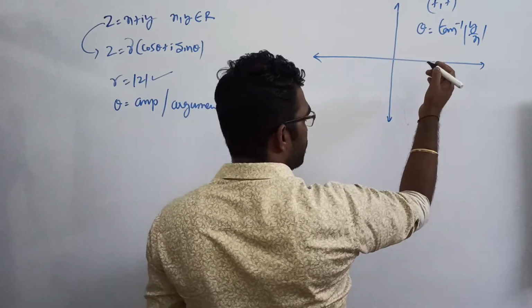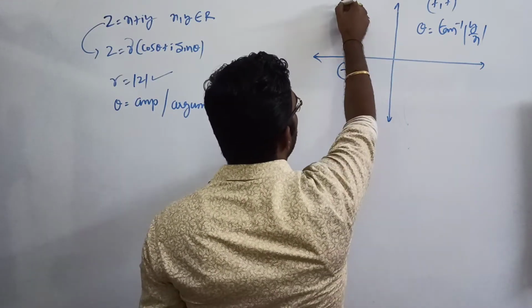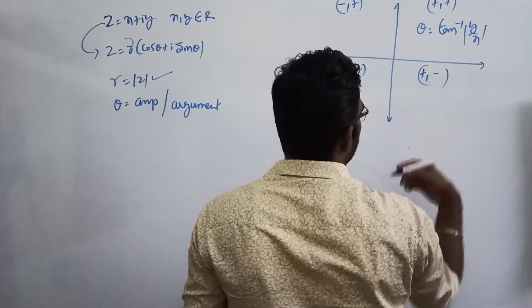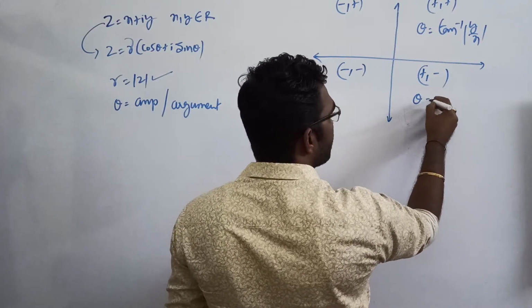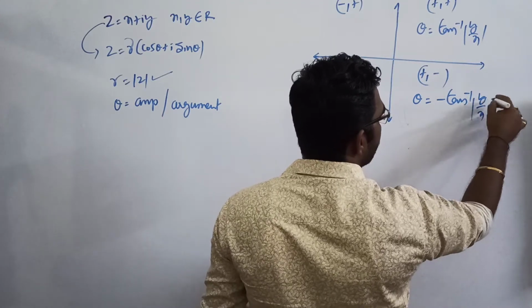For the other quadrants we know the signs: here minus, minus; here minus, plus; here plus, minus. If the complex number is lying in this quadrant, theta is minus tan inverse of y by x.